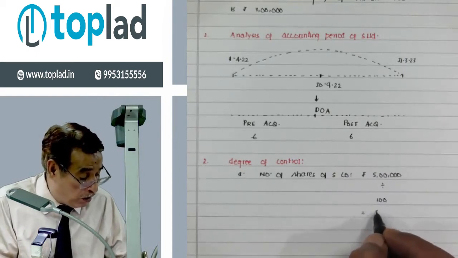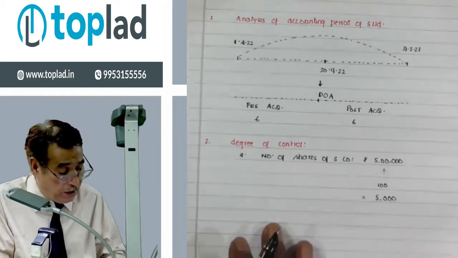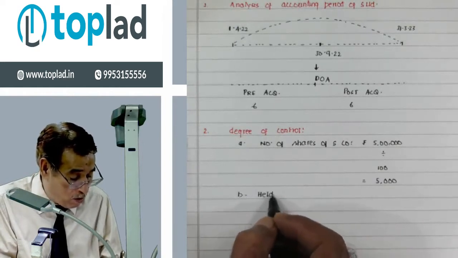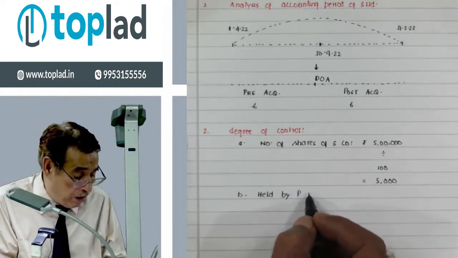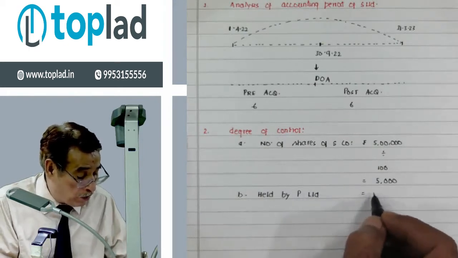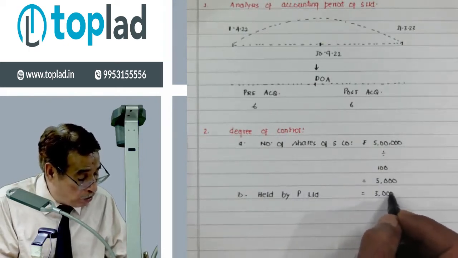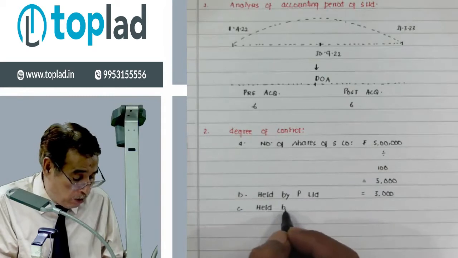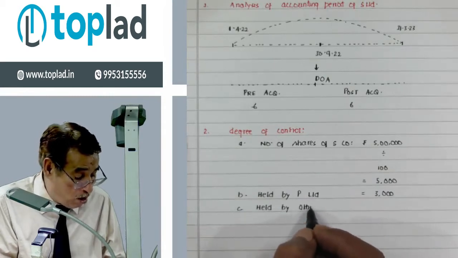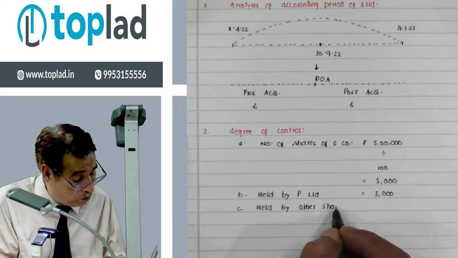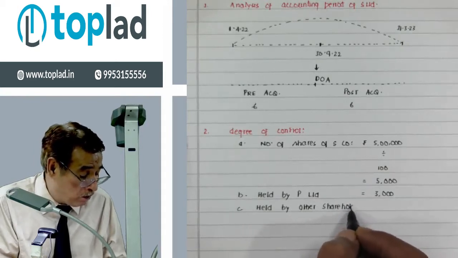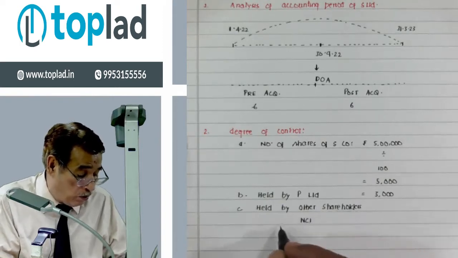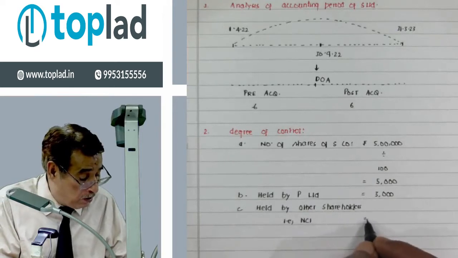So number of shares is 5,000. Correct? Out of this 5,000, held by P Limited, 3,000 shares. And shares which are not held by us are held by other shareholders, known as non-controlling interest holders, that is non-controlling interest, 2,000.